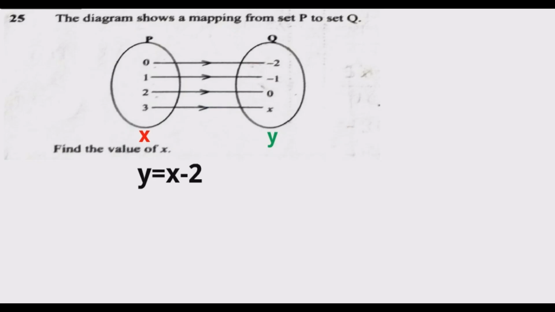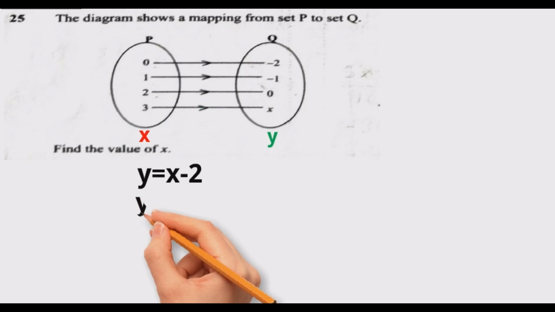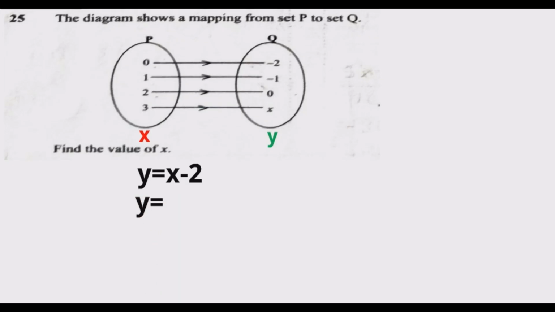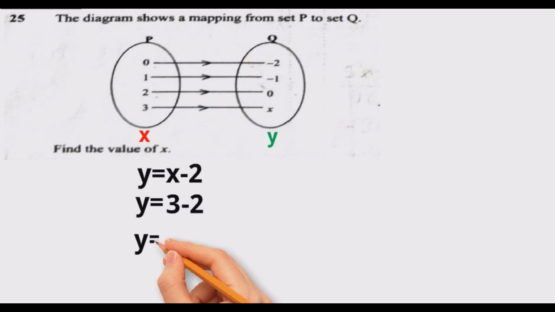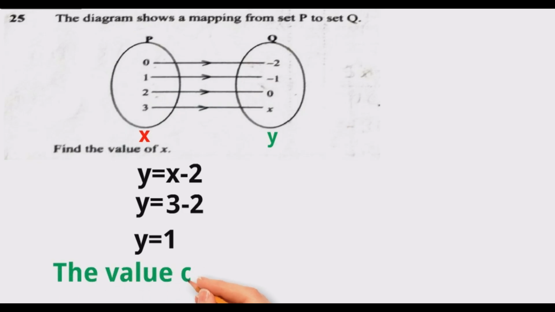So y will be equal to 3 minus 2, which is positive 1. So the value of x is positive 1.